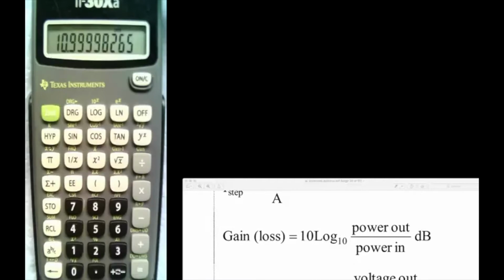Let's say that I have an antenna with a gain of 6.8 dB, and I have to write it with relation to something, dBi, that's with relation to the isotropic radiator.